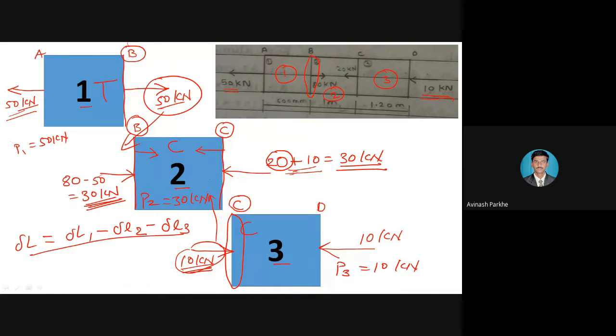Now, once we have calculated P1, P2, P3 along with their directions, now we'll go for the further solution. So total deformation formula we are having. Here I will write. Total deformation is equal to delta L1 minus delta L2 minus delta L3. This is the total deformation formula.